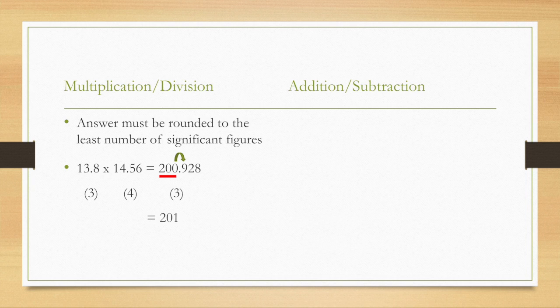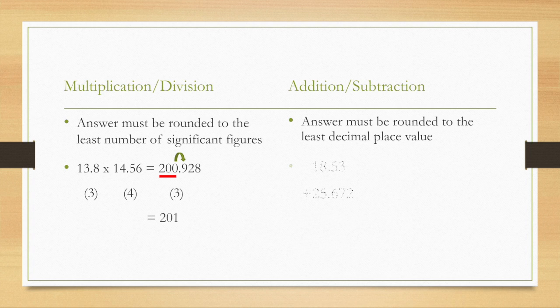Now for addition, our answer must be rounded to the least decimal place value. If you have this problem right here, 18.53 plus 25.672, when you add both of those together, you get 44.202. 18.53 has 2 digits after the decimal point, and 25.672 has 3 digits after the decimal point.